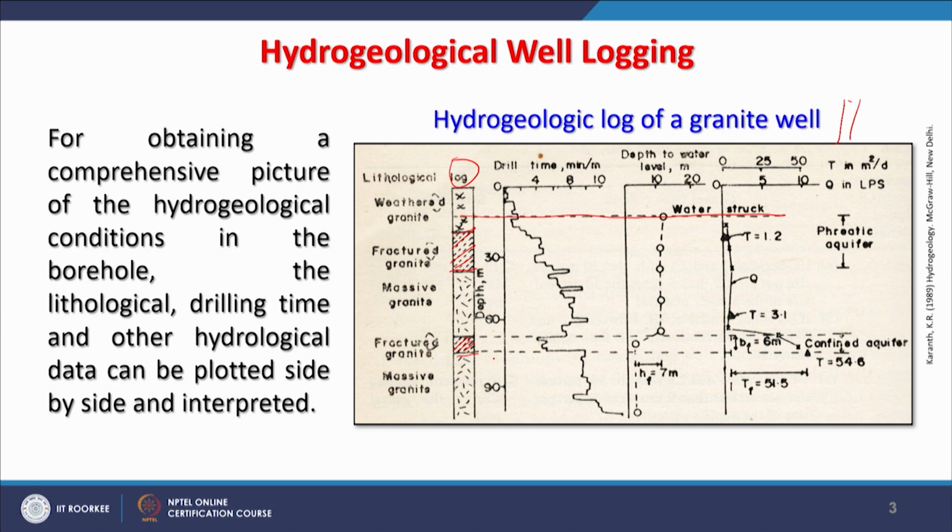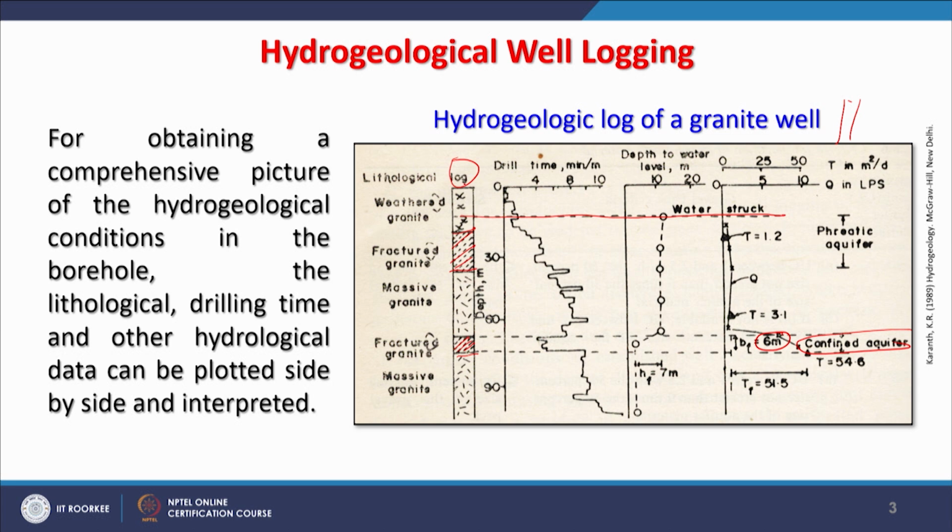This fractured granite becomes a confined aquifer condition, because the overlying and underlying rocks are massive granites. In this example the thickness of this confined aquifer is only 6 meters, but it does not matter; it can provide a good quantity of water in confined aquifer condition, which is the most preferred one.